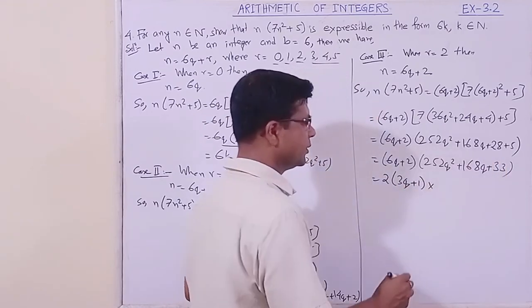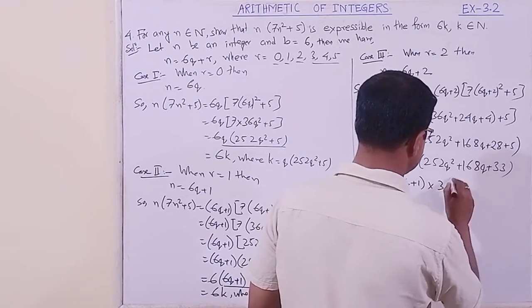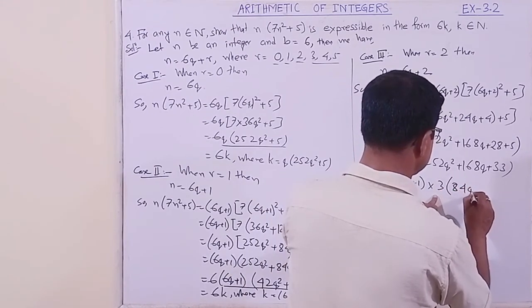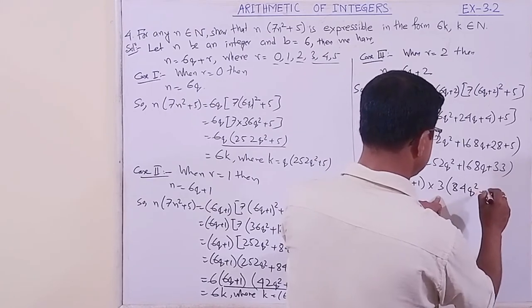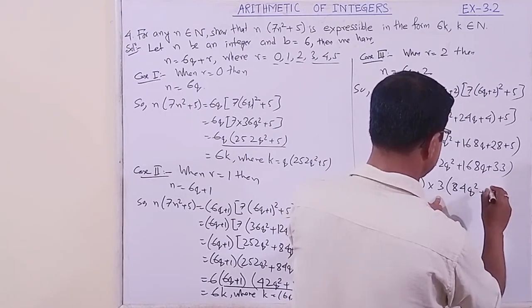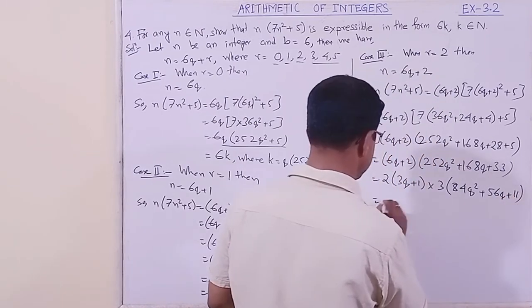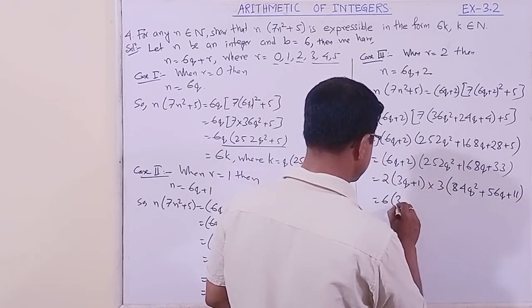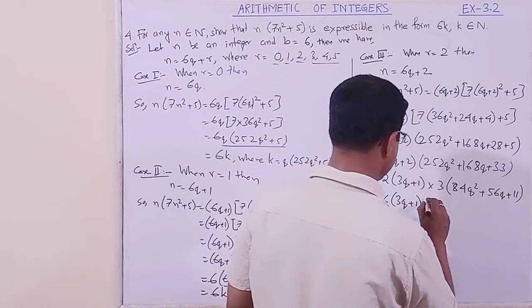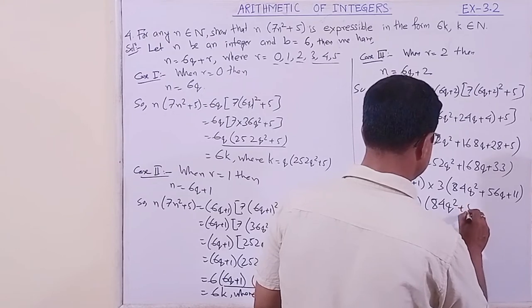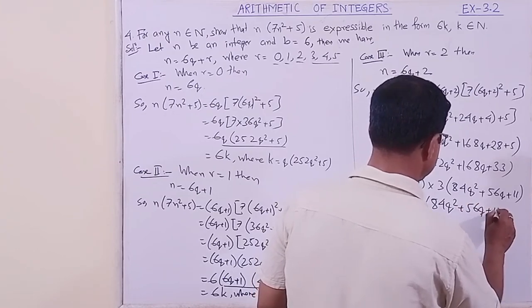And from here what is common? Obviously 3 is common. So 3 8s are 24, 3 4s are 12q square. Then from here 3 5s are 15, 1 8 is 18, 3 6s are 18, 11. So then 2 into 3q plus 1, then this 84q square plus 56q plus 11.